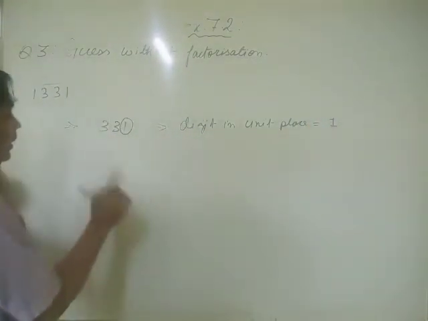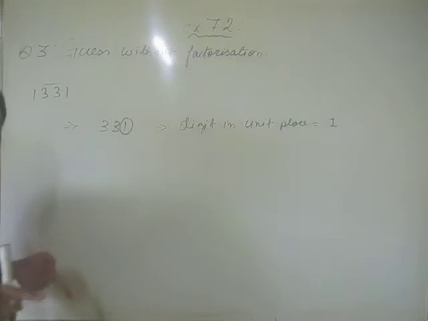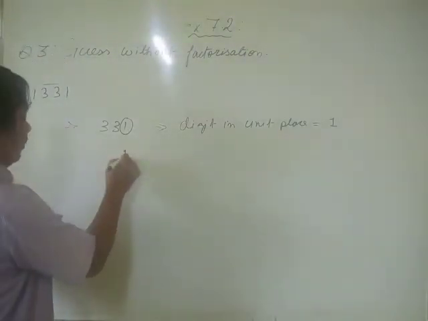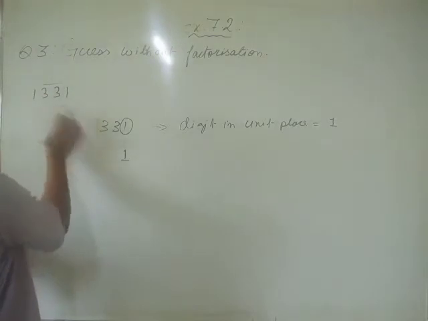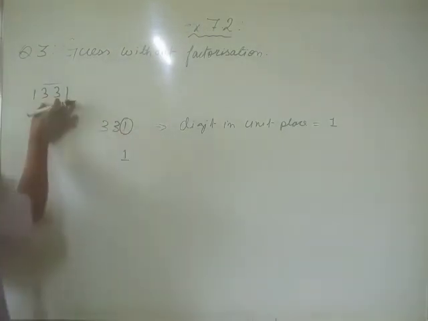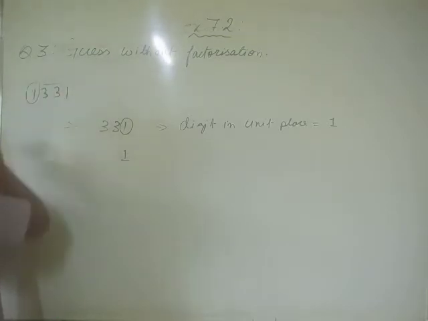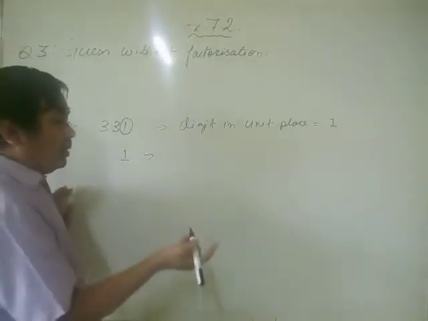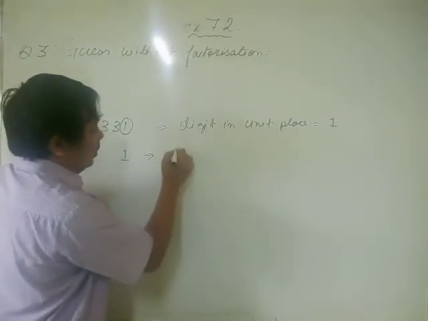Okay, clear. Then what about the digit in the tenth place of the cube root? After striking off these 3 digits from the right side, we have only 1 here. We know that 1 is the number that lies within the cube of 1.